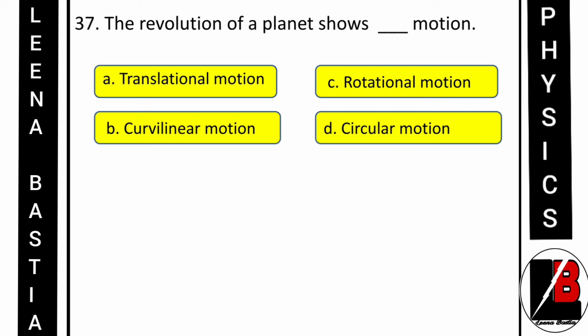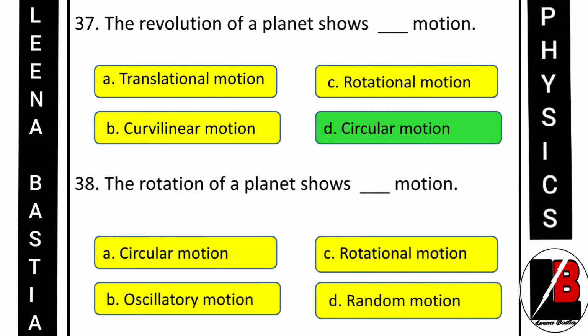That activity is about a boy rotating a stone with the help of a thread. Remember, what is the movement of the stone, it was asked. So very clearly the options are translational, curvilinear, rotational and circular motion. So the answer is circular motion.